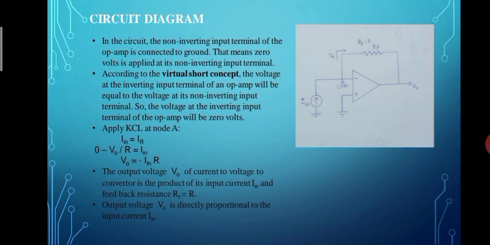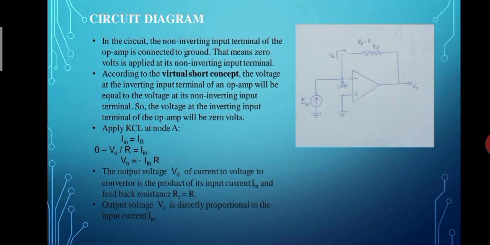According to the virtual short concept, the voltage at the non-inverting terminal is equal to the voltage at the inverting terminal. The non-inverting terminal is grounded, so the voltage at the non-inverting terminal will be 0. Therefore, the same voltage is also applied at the inverting terminal. Inverting terminal voltage is also 0.